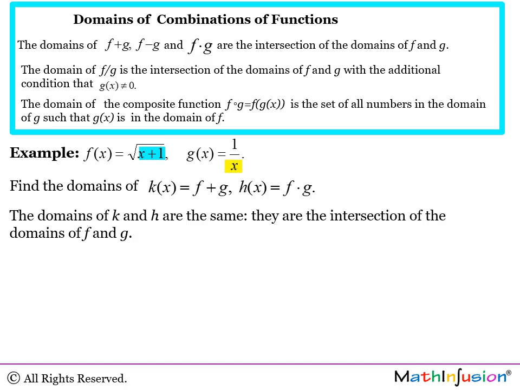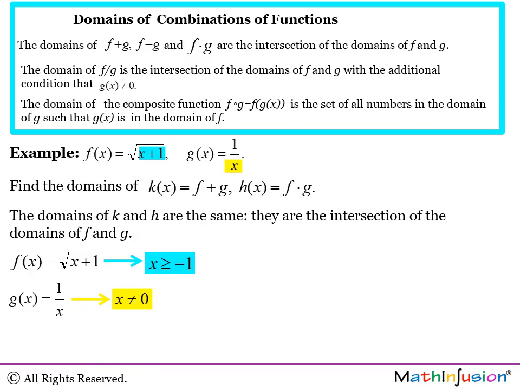The domains of k and h are the same because they are the intersection of the domains of f and g. This is an even root, so we know that x has to be greater than or equal to -1 because x plus 1 has to be greater than or equal to 0. And from here, this is pretty easy, we get that x cannot be 0.